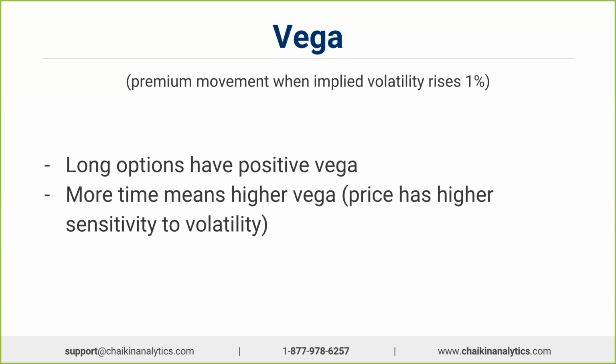The farther out in time we go, typically the higher the Vega is. Why is that? Well, suppose I said to you, Apple is likely to move, I don't know, let's say $1 today. That's a reasonable thing for me to say. I might say in a week it might fluctuate $3 up or down.